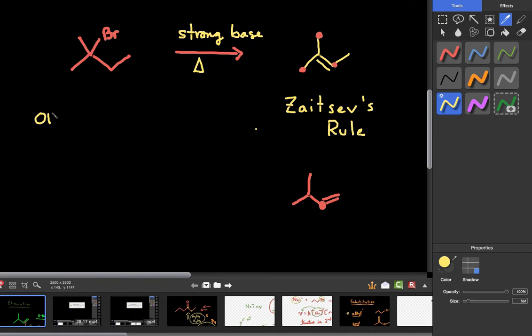Hydroxide would work. Alkoxide would work. Amide would work. Or even a carbanion would work. So these would be examples of strong bases, but more importantly than that, the base also needs to be bulky.